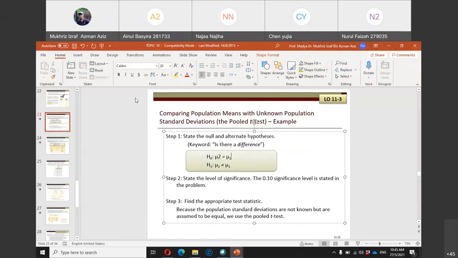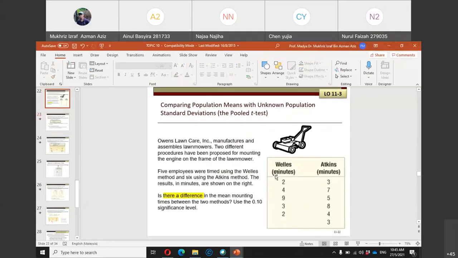Because if you put mu2 not equal to mu1, let's say 1 is Wellis, 2 is Atkins. If student number 1 puts mu1 not equal to mu2, then that will be Wellis minus Atkins. If another student puts mu2 not equal to mu1, meaning that 2 is referring to Atkins, then she is referring to Atkins not equal to Wellis.